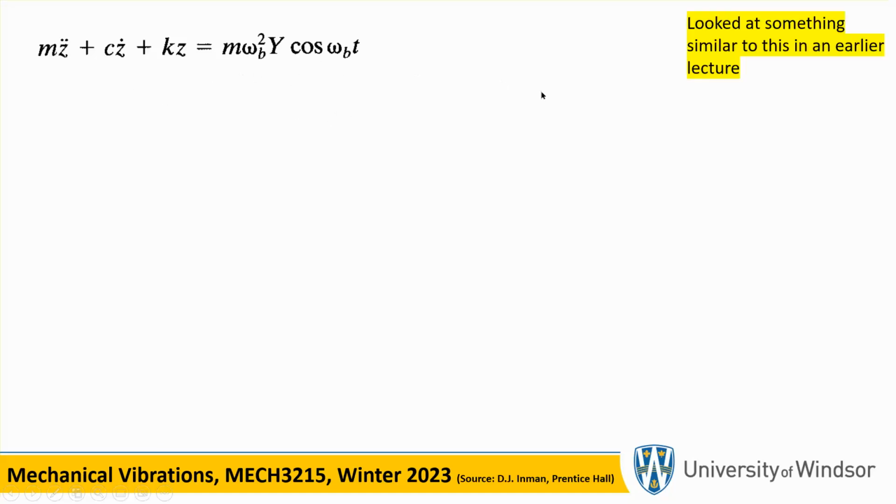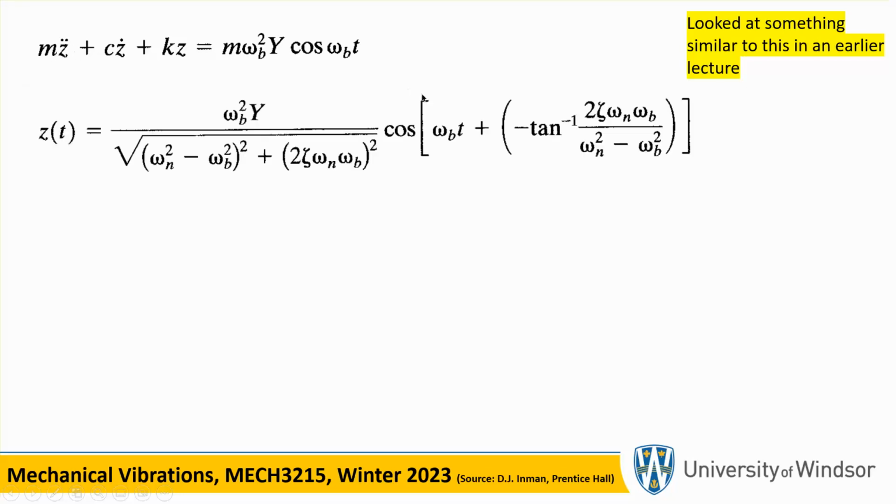Okay, so I wrote this thing here for your perusal. So it's the same equation. And as I said, we have seen something like this in an earlier lecture. The only difference is that these were x instead of z. Now, the solution to this, we found this. If you go to your notes, you see that we found x equal to, but here it's z equal to. So this is the amplitude of the relative displacement.